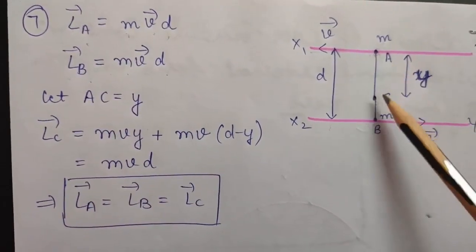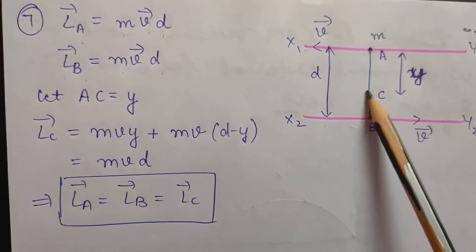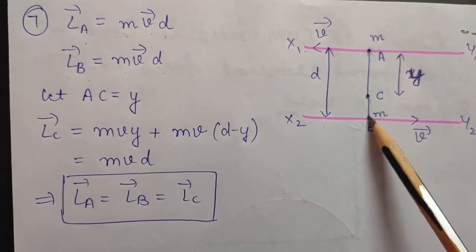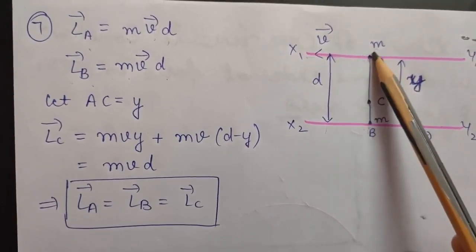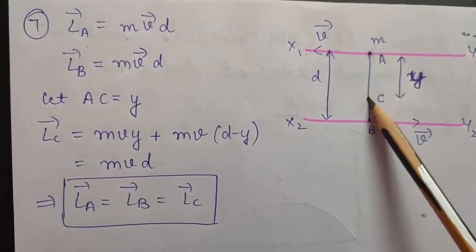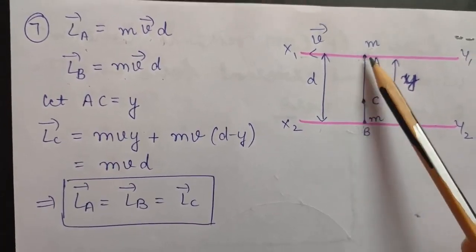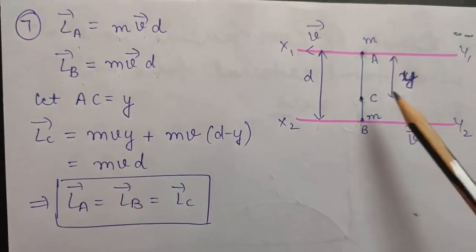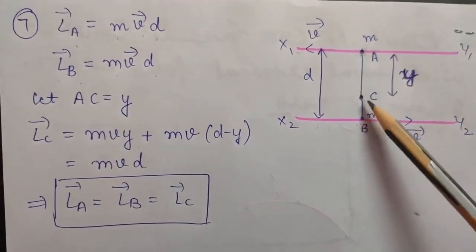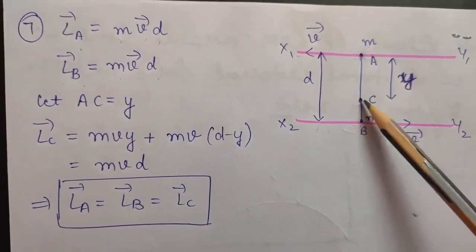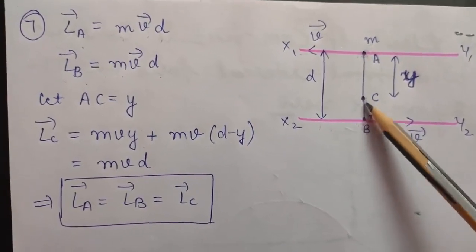Now AC is y. Now let us calculate angular momentum about C. Okay, let us calculate for this particle first. For this particle, the perpendicular distance is y. So the angular momentum for A particle about C will be mvy. If this is y and this is d, this distance will be d minus y. So we can say for the particle B, the distance from C is d minus y.